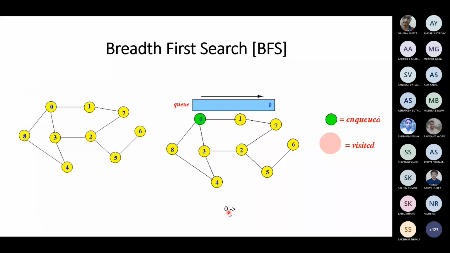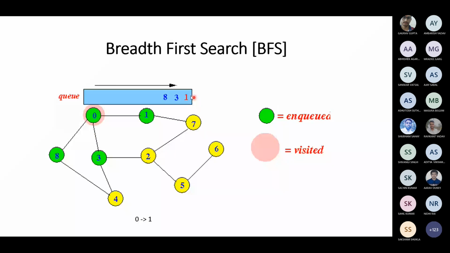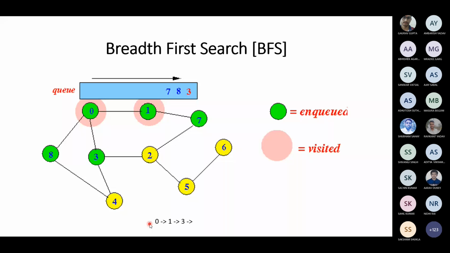First you visited 0, you pushed 1, 3, 8, then you visited 1. The node having a link to 1 you inserted at the rear end. So the 0, 1 traversal is done. Then the next front is 3.